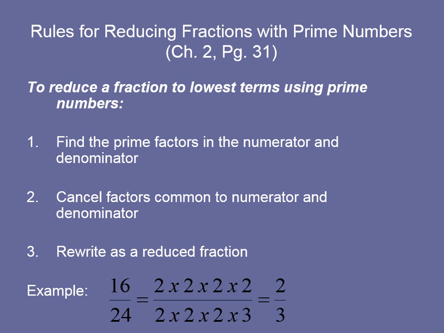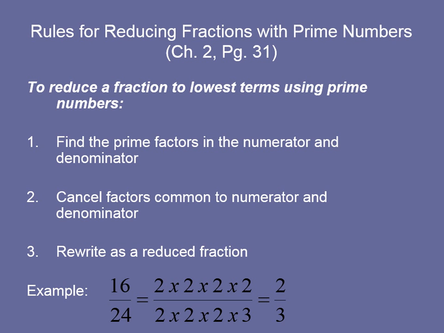So again, 16 over 24. I wrote the prime factors of 16, which is 2 times 2 times 2 times 2. I can keep a 1. That's an optional 1. And 24, I can write 2 times 2 times 2 times 3. I can again keep a 1. And then I'm trying to cancel if I get any common, right?